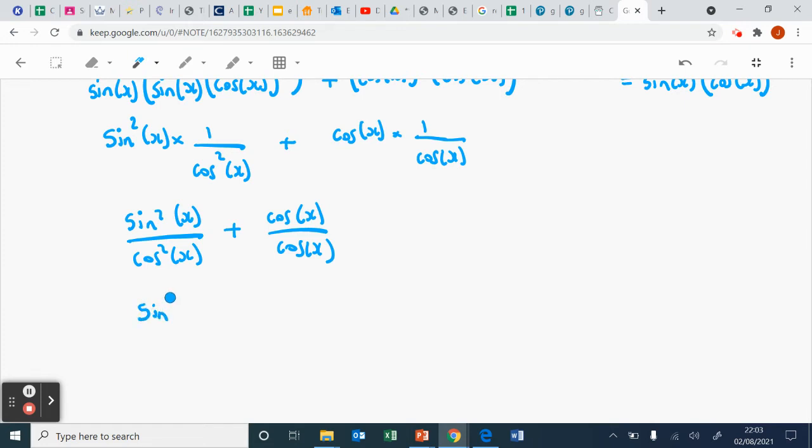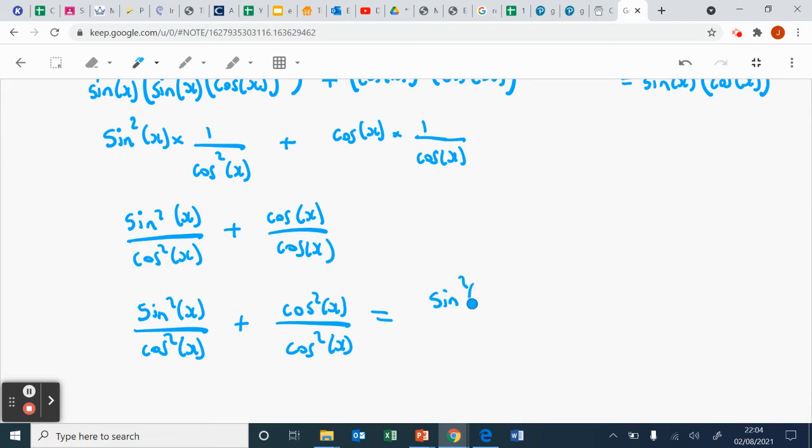So we have sine squared x over cos squared x. And then I can make the right fraction also have a cos squared x. So if I multiply top and bottom by cos, I get cos squared x over cos squared x. This becomes sine squared x plus cos squared x all over cos squared x.